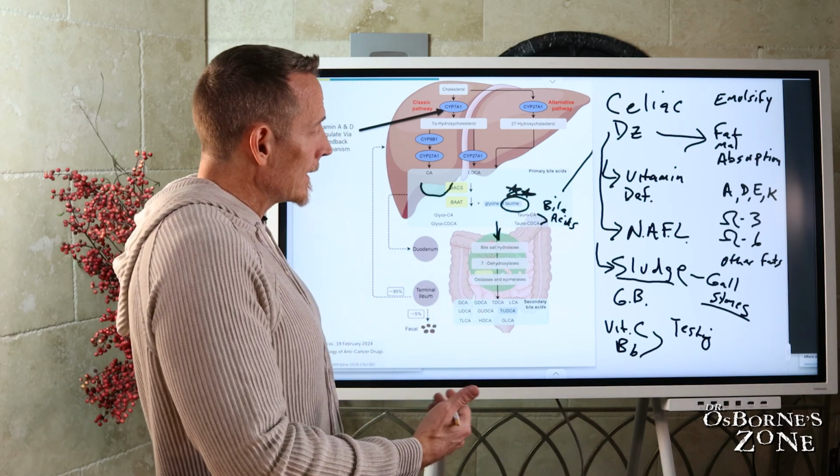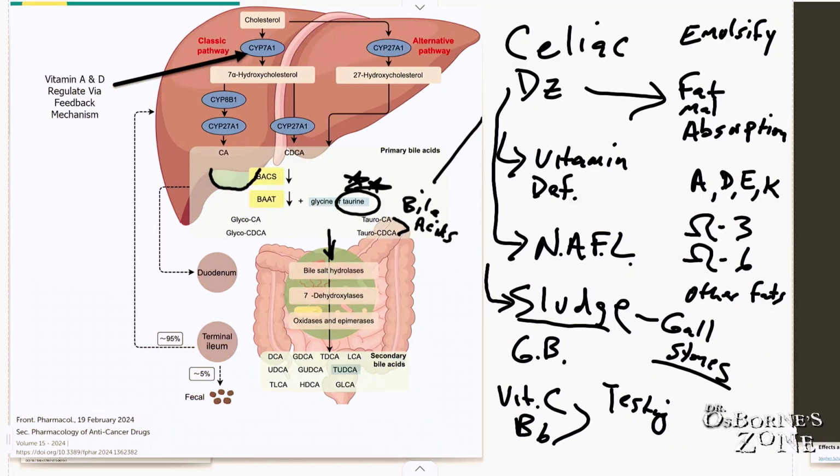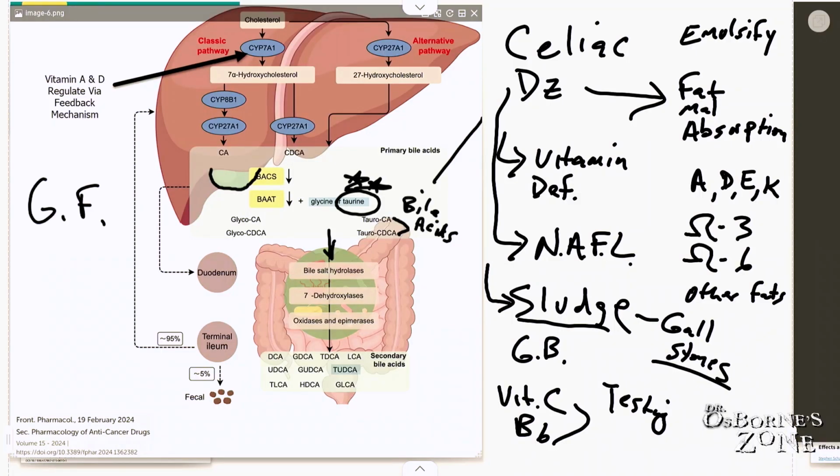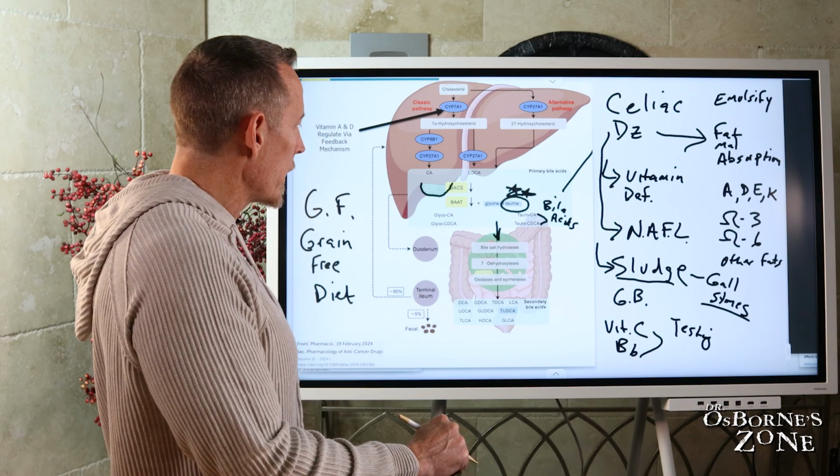And also definitely consider a gluten-free, grain-free diet. We see this happen a lot. We have saved a lot of gallbladders over the last several decades in practice just by changing people's diets.